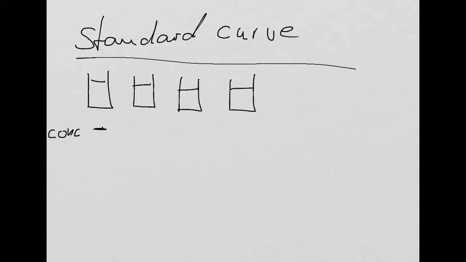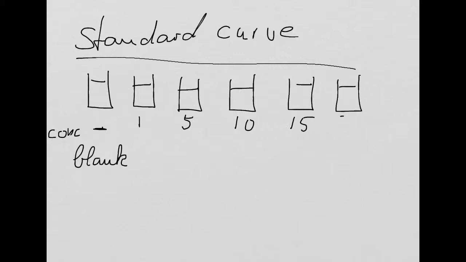That's your zero control, or it's also called the blank. And then you increase the concentration. So I just do 1, 5, 10, 15, 30, whatever this is, say millimolar or milligram per milliliter. So that is the concentration.